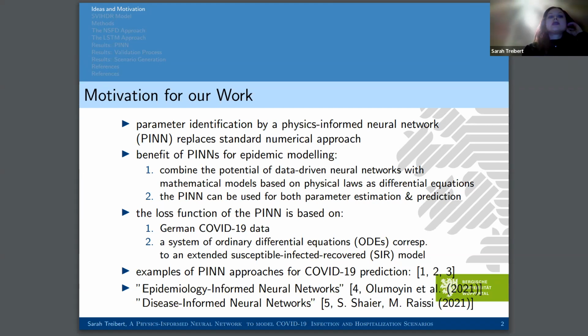In the literature, you can also find the terms epidemiology-informed neural networks or disease-informed neural networks.